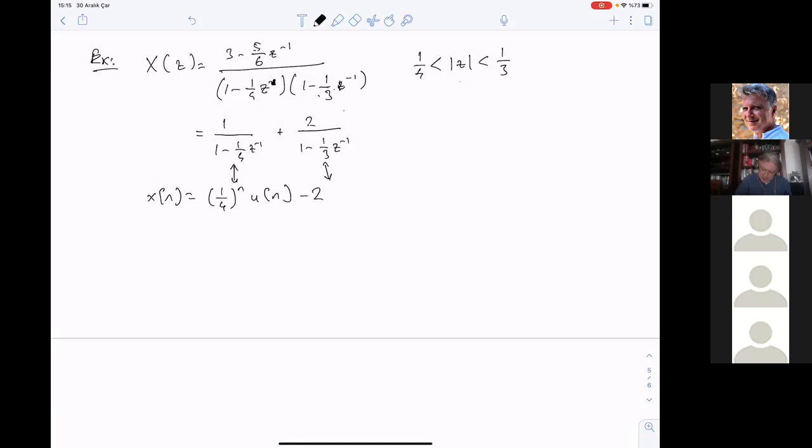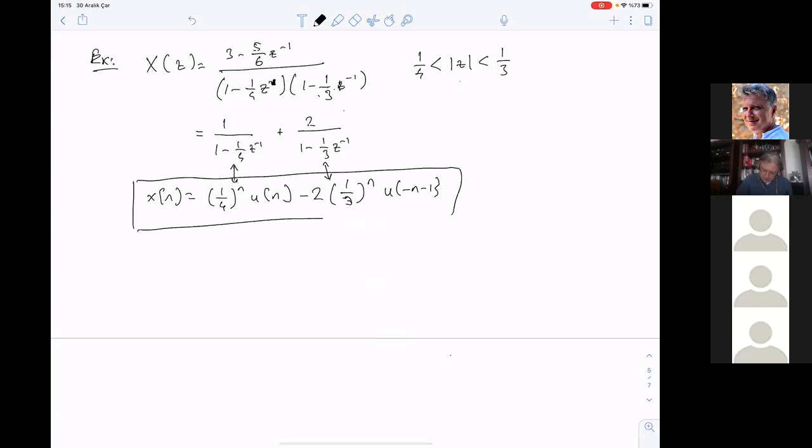Minus 2 times 1 over 3 to the power n, and the left-hand sided solution, u of minus n minus 1. Yeah, so in fact, that's it. We found the inverse. And this is the approach that you must have.